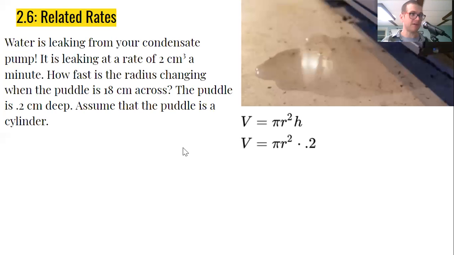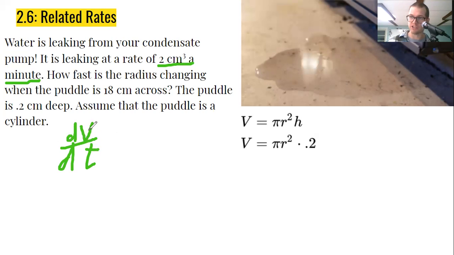Now the equation is in an ideal spot because we have two variables. And we already know one rate. We know a rate right here. This rate, we're going to call dV dt, because it's the rate the volume changes as time changes.